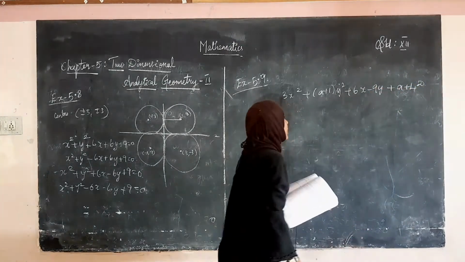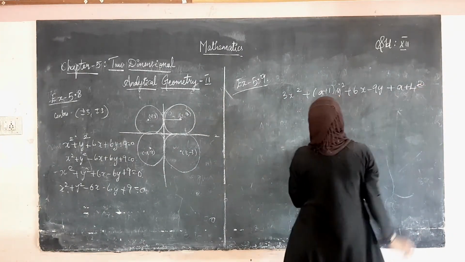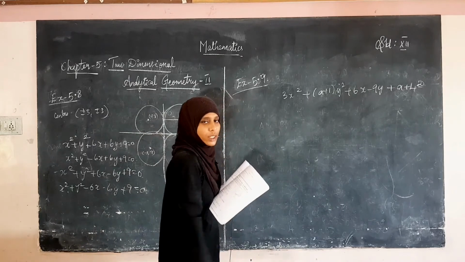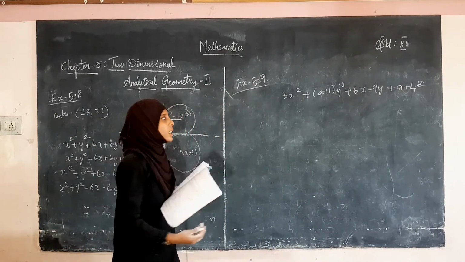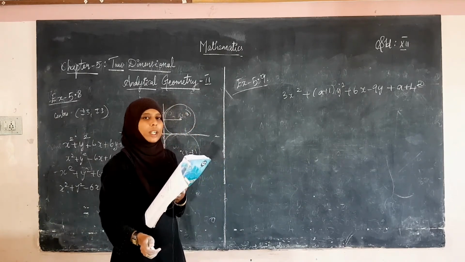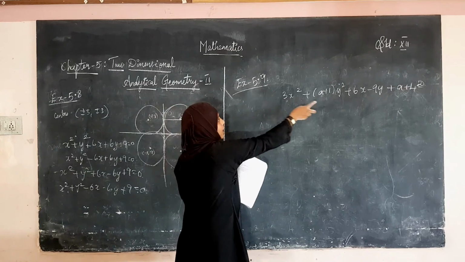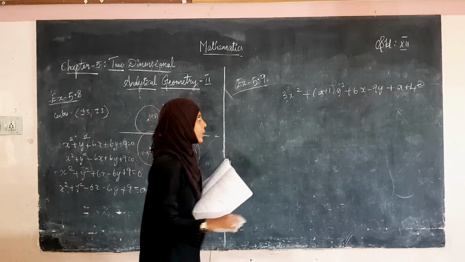So, we have to find the center and radius of this circle. What they have given is the equation of the circle. What are the conditions for the equation of a circle? The first thing is the equation should be of degree 2 in both x and y. See, it is of degree 2 in x and y, and then the coefficient of x² and y² should be the same.